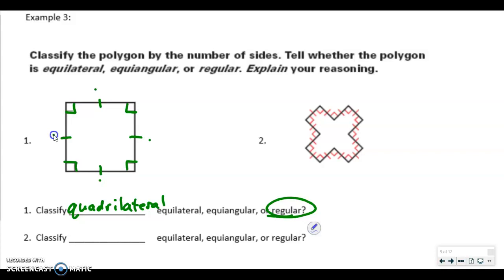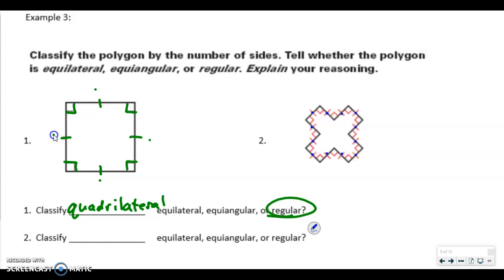Okay, then we need to classify number 2 by number of sides. We need to count all of the sides. So 1, 2, 3, 4, 5, 6, 7, 8, 9, 10, 11, 12. So a 12-sided figure. So look back on that other page, a couple pages ago.